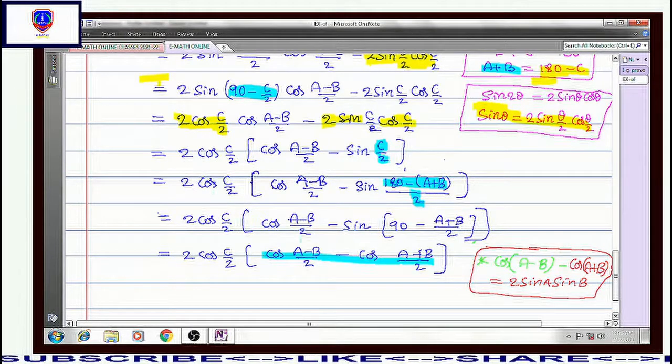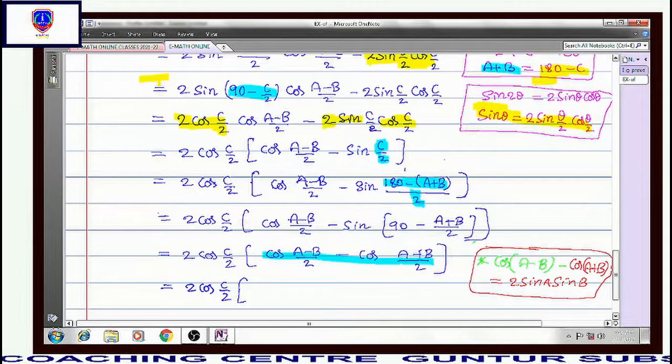Now, this is equal to 2 cos C by 2. Here, A stands for A by 2 and B stands for B by 2. In the formula, it says cos of (A minus B) minus cos of (A plus B). But for the question, the formula's angle capital A becomes A by 2, and in the formula capital B is capital B by 2 for the problem.